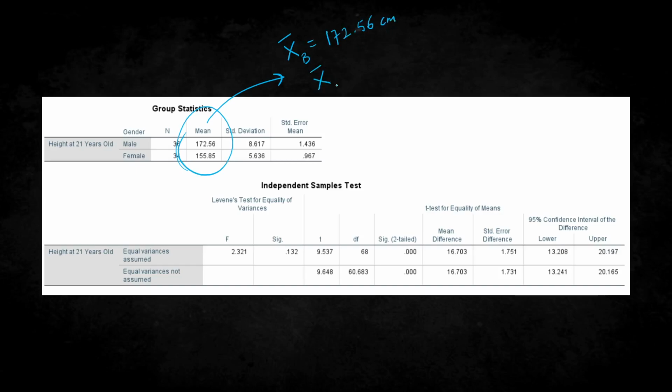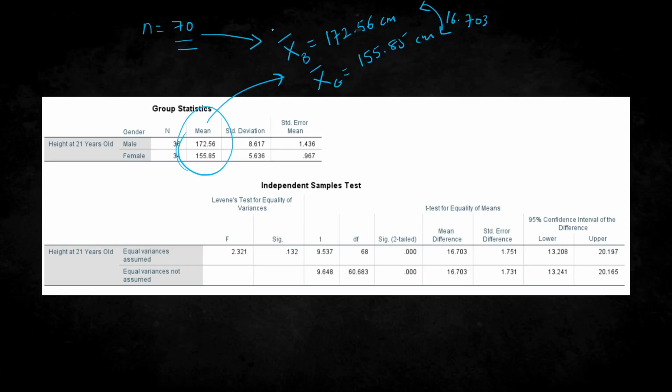And for girls, we get a mean value of 155.85 centimeters. So looking at the results here, we have a difference, and the difference, as we can see here, is 16.703.